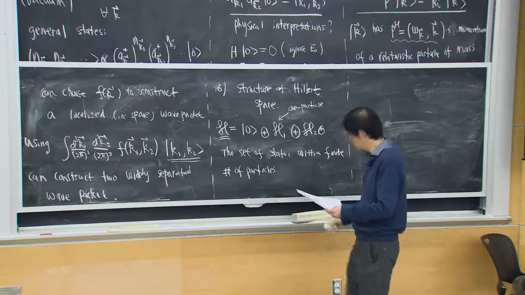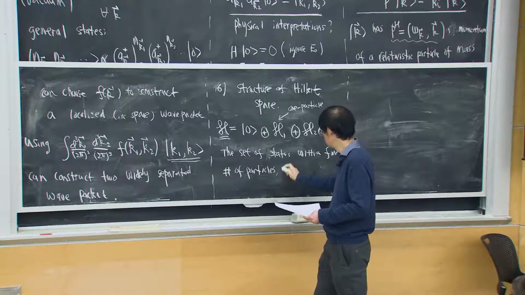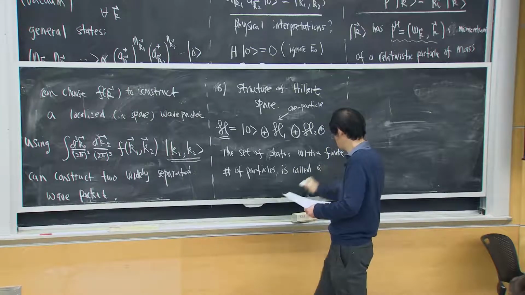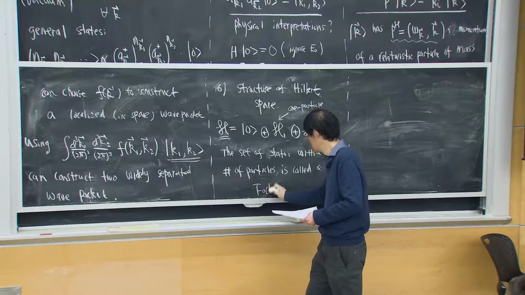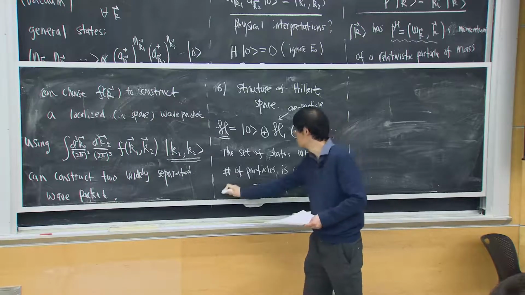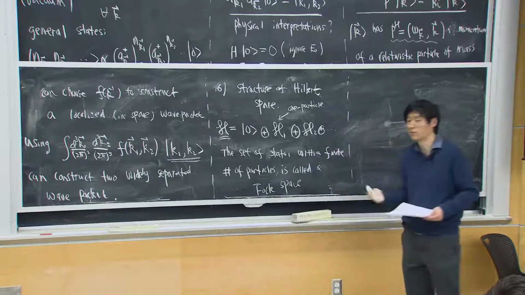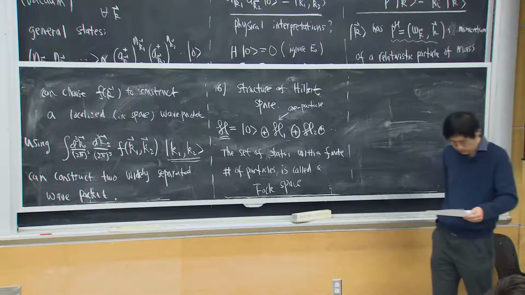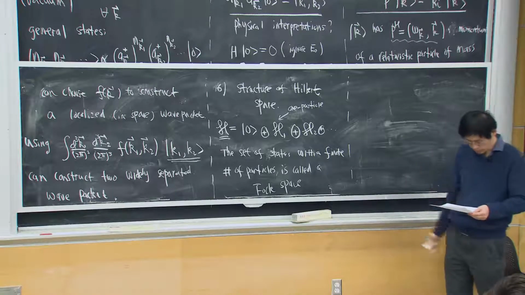It's called the Fock space. In the Fock space, we only have states of a finite number of particles, but can have an arbitrary number of them, as large as you want, 10 billion, 100 billion, but it will be finite.